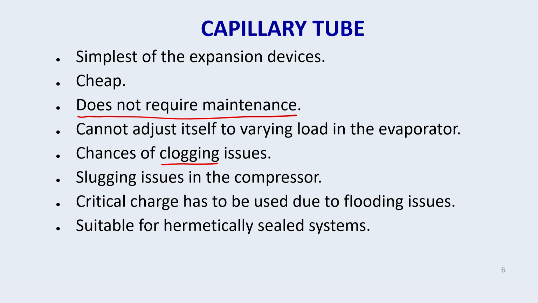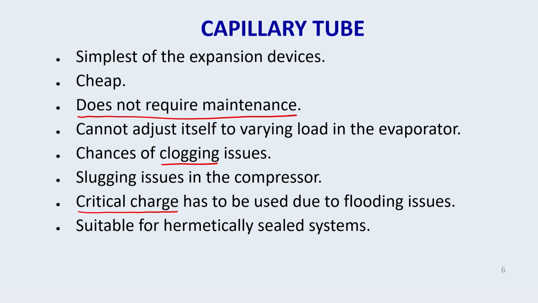Plugging issues. Critical charge has to be used due to flooding issues. If the evaporator is flooding, the liquid refrigerant that is overflowing will overflow from the portion between the evaporator and the compressor. So we do not have a balance point. For that, a critical charge has to be used due to flooding issues.